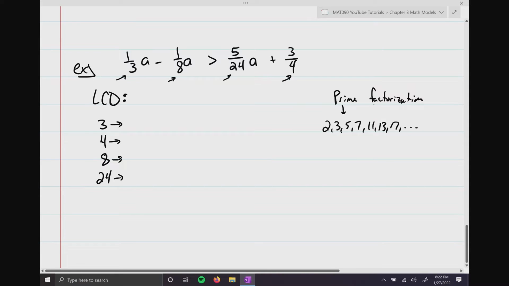And the word factorization means multiply. So what we're going to be doing is taking prime numbers and multiplying them to create the numbers 3, 4, 8, and 24 respectively. Now, I'll go right down the list and just make sure you're watching this because organization matters. So first, 3 is a prime number.